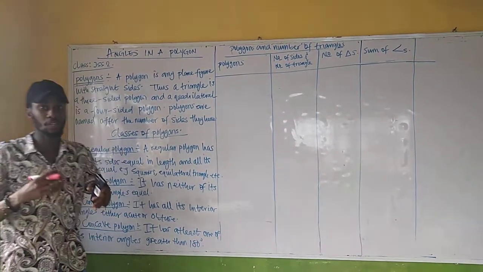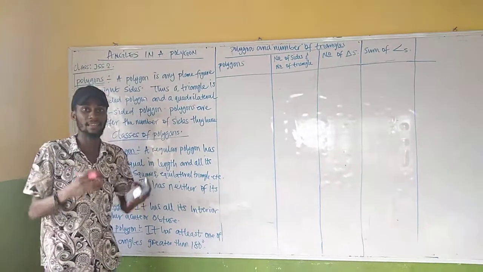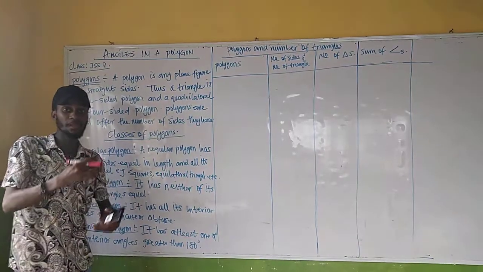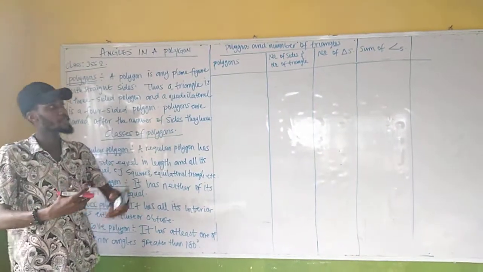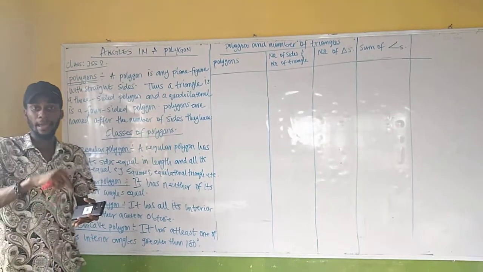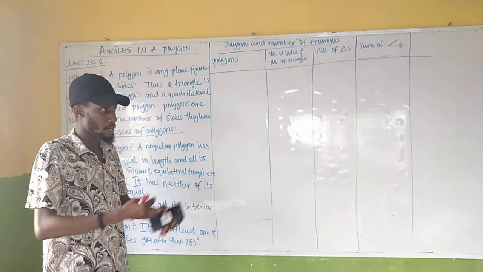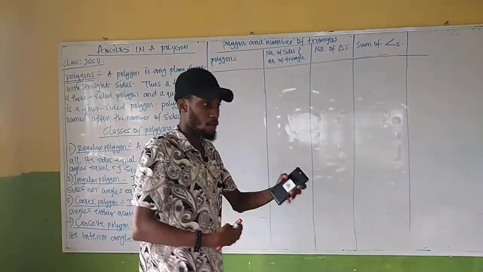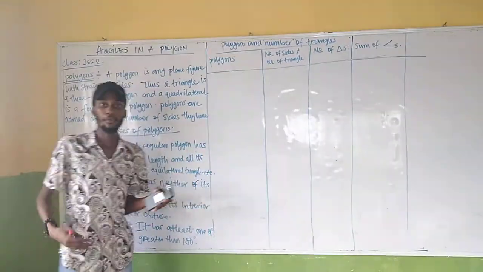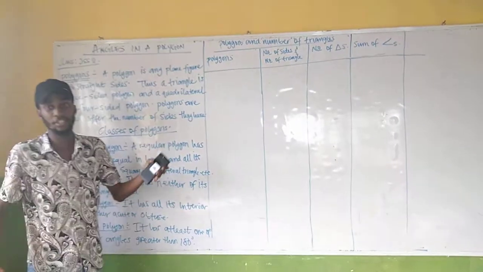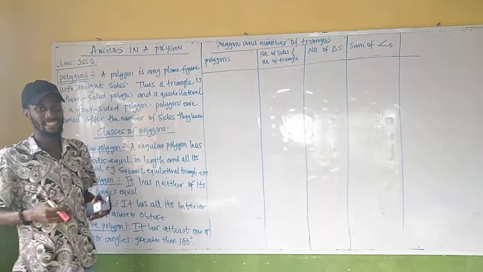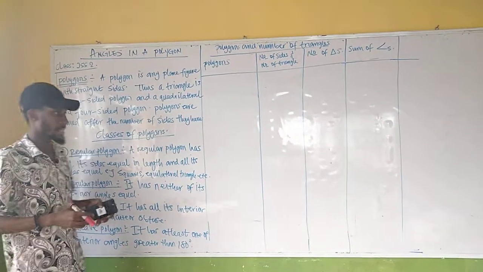So if you are naming according to the number of sides, you start from triangle, followed by quadrilateral, pentagon, hexagon, heptagon, octagon, nonagon, decagon, and so on and so forth, until you get what we call an n-sided polygon.